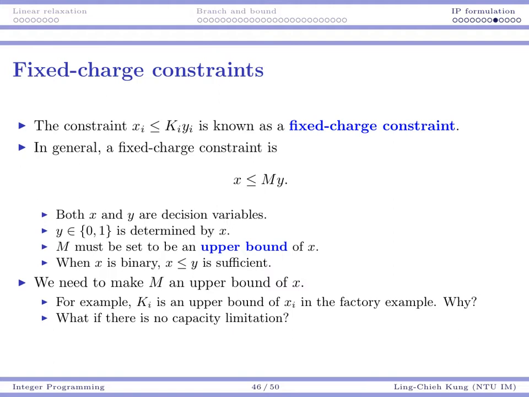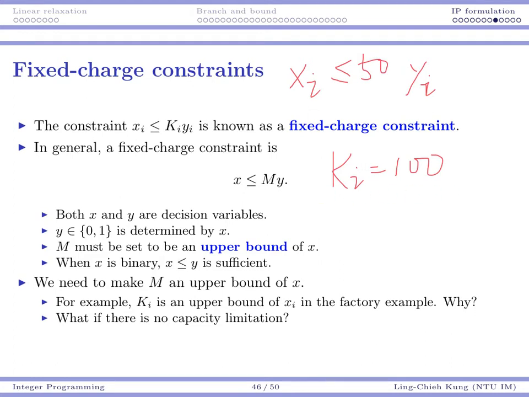Why? Because, like here, suppose you write Xi is less than or equal to, let's say, 50 Yi. What's going to happen? You are requiring yourself that Xi cannot be 60, Xi cannot be 70, which is obviously wrong. If your Ki is, let's say, 100, but here you put 50, that's very stupid, right?